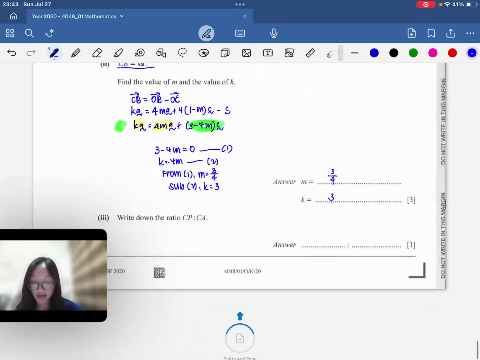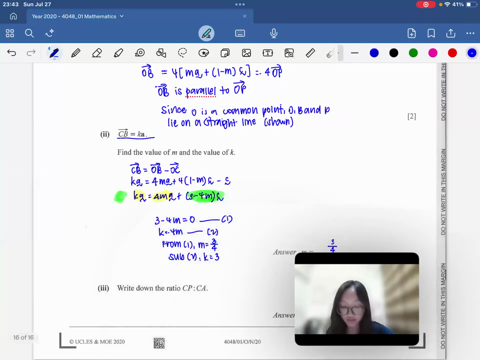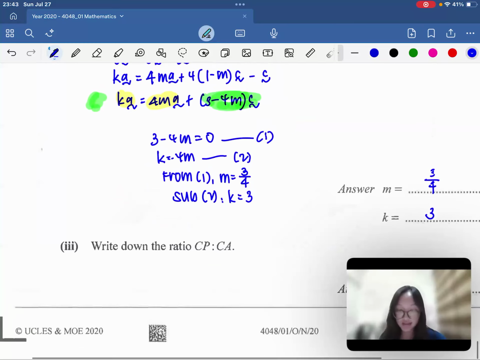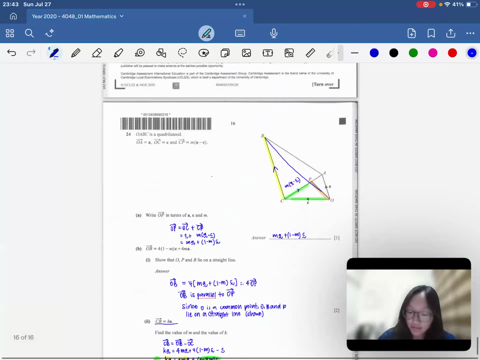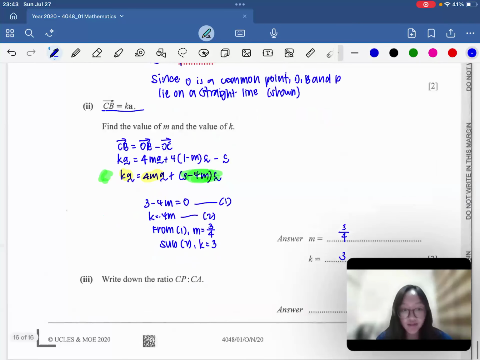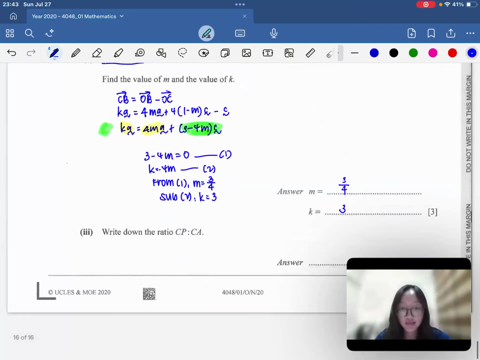Now down to the last part, part 3. Write down the ratio between CP and CA. So CP is over here, and this is CA. Let us write the ratio of CP to CA.